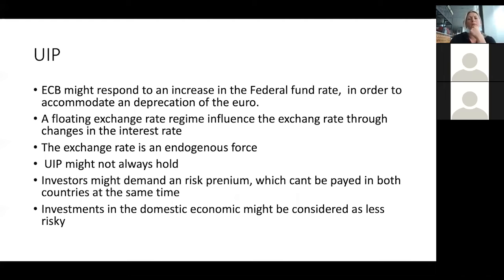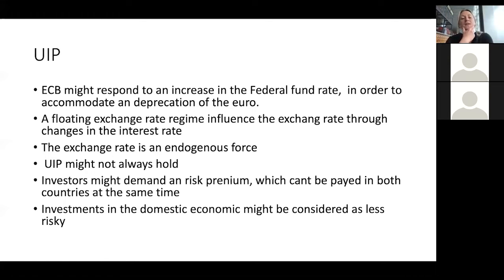But the fundamental question is how the European Central Bank responds to the federal funds rate. If the US increases the interest rate, the European Central Bank might also increase the interest rate in order to avoid this arbitrage opportunity, since both have a floating exchange rate regime where both influence the exchange rate through the interest rate.